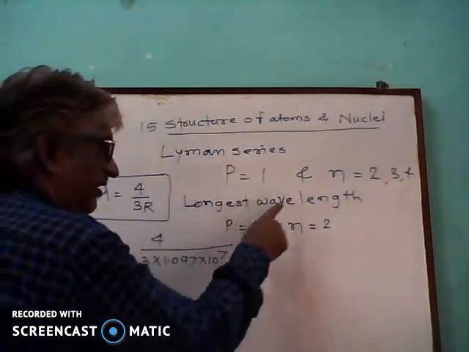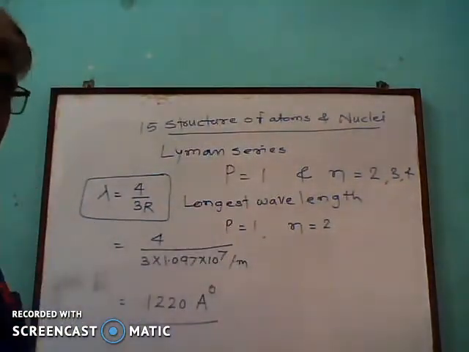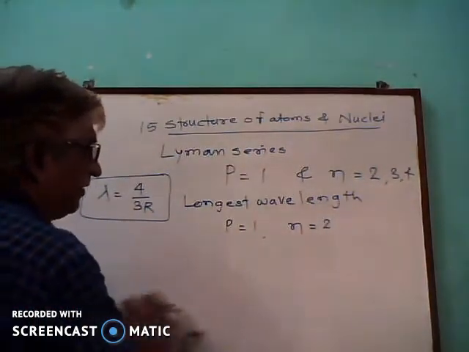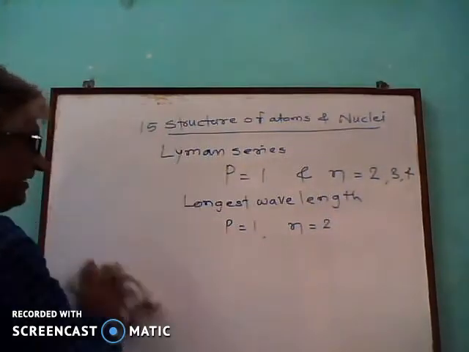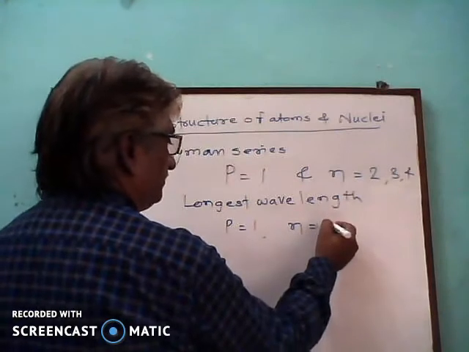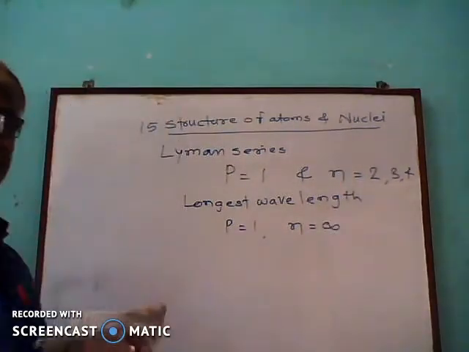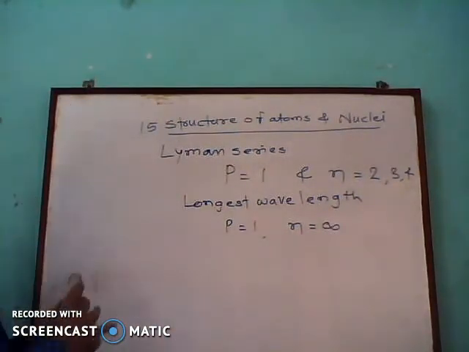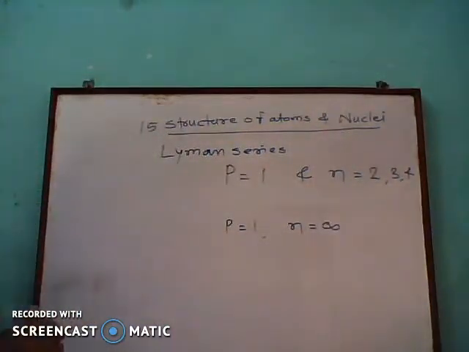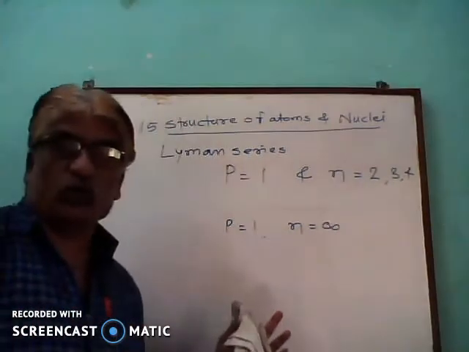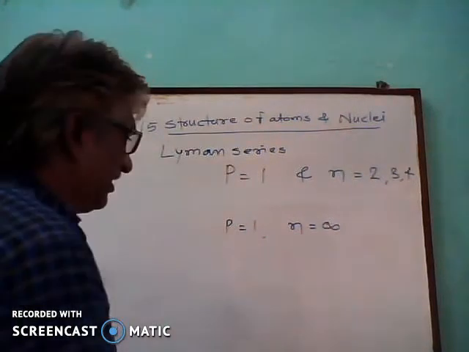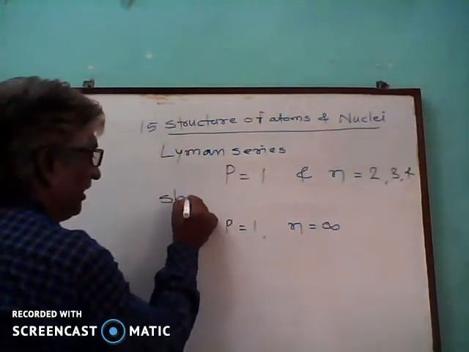For longest wavelength we take p equal to 1 and n equal to 2, but if we take p equal to 1 and n equal to infinity, a wavelength is obtained. Such wavelength, when p equal to 1 and n equal to infinity, is called the shortest wavelength.